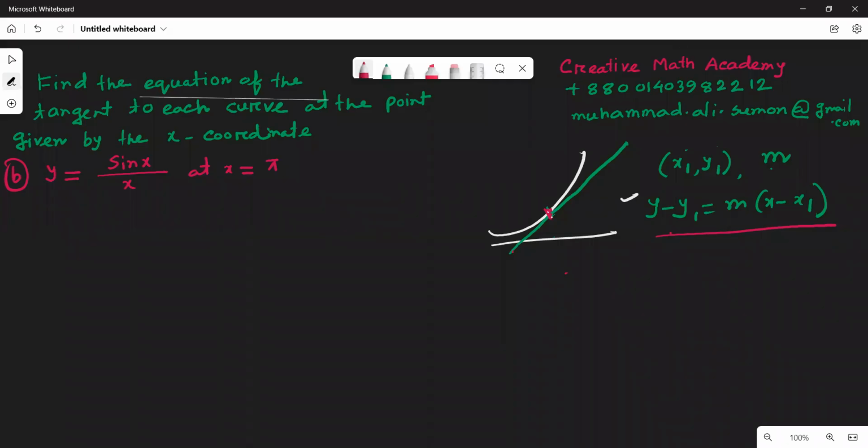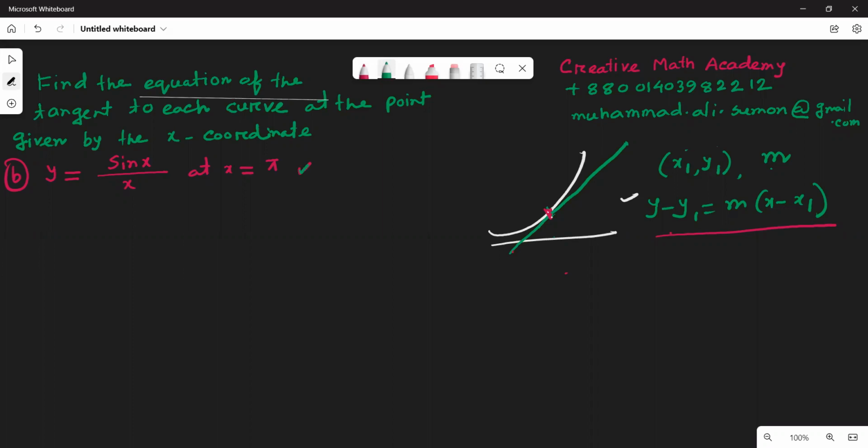Another question: find the equation of the tangent to each curve at the point given by the x coordinate, y equals sin x over x, and x equals pi. So when x equals pi, you have to change your calculator to radian mode, because for sine x you have to put the value pi, so it is in radian measurement.